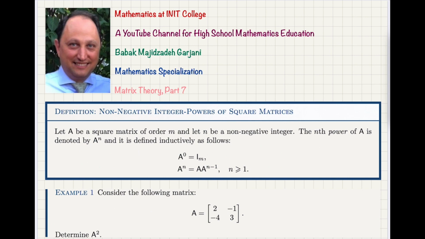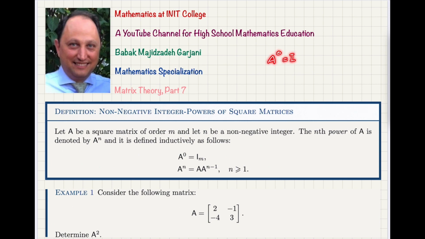Be careful about this index, because A is an m by m matrix, so A to the 0 becomes the identity matrix of the same order. And of course, to define A to the n, if n is greater than or equal to 1, you define it as A multiplied by the power one less. So A to the 0 is I by definition.